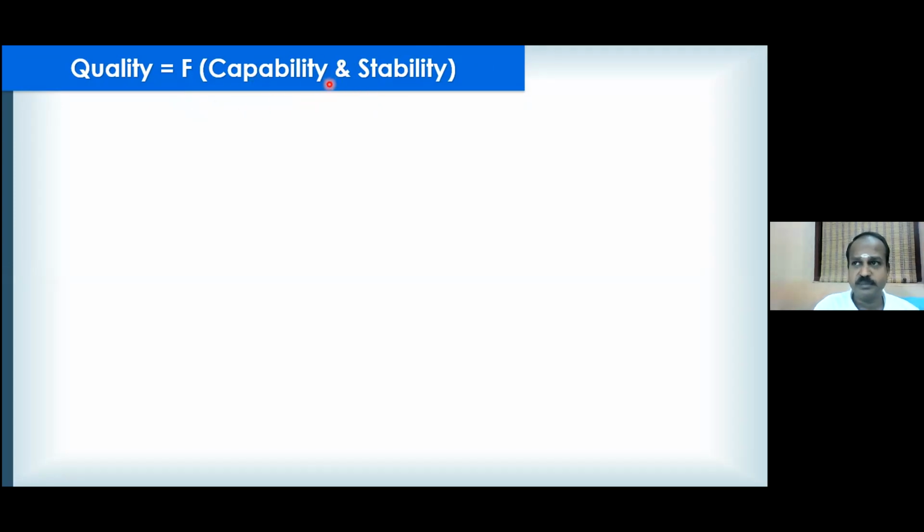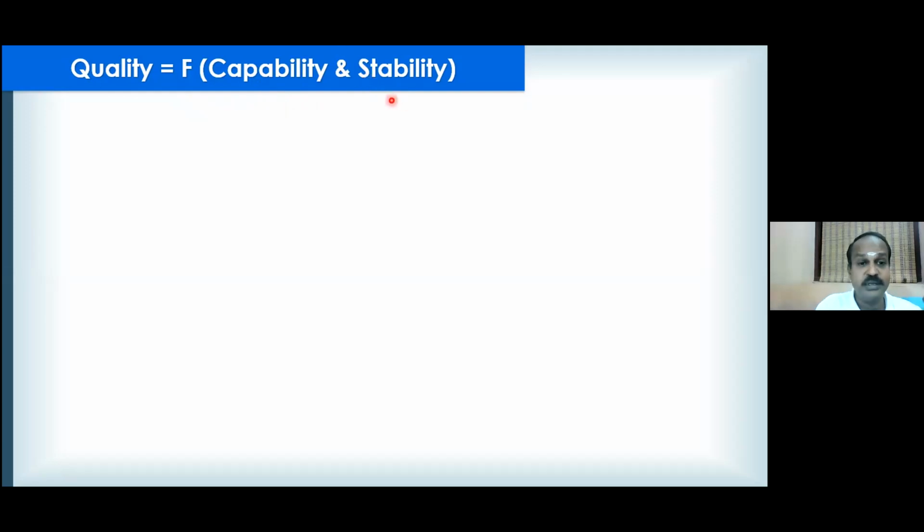Which is important? Capability or stability? I am sure both are important. If you want to prioritize, what will be your first choice? Stability. You need to come forward. If we are pushing you to learn something, you will never learn. But if you come forward, then you can be taught anything you want to learn, right?